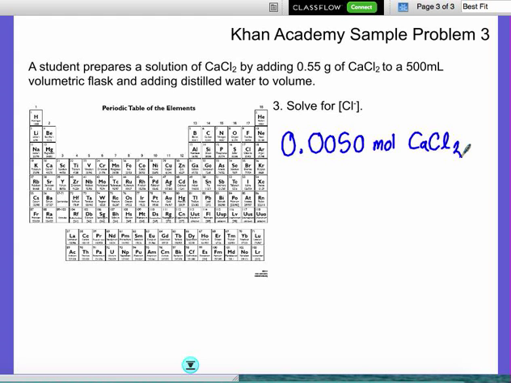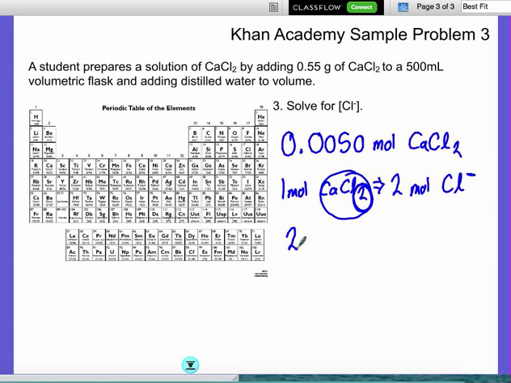But for every 1 mole of CaCl2 that was added, you get 2 moles of Cl minus ions, because there are 2 chlorines in each mole of calcium chloride. So there are 2 ways we could do it. We could set it up the same way.